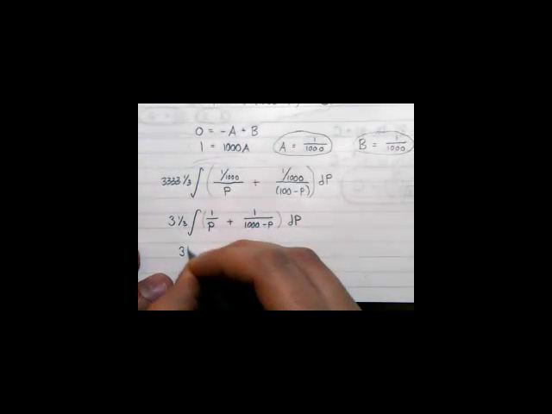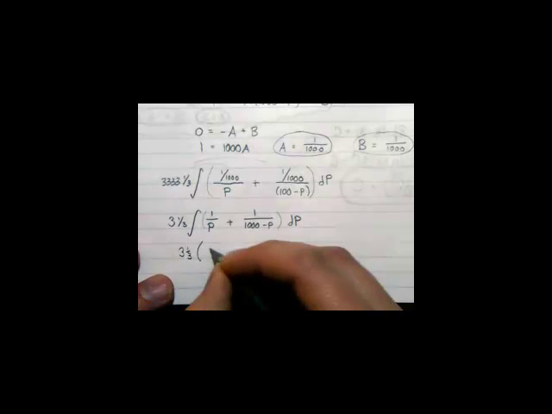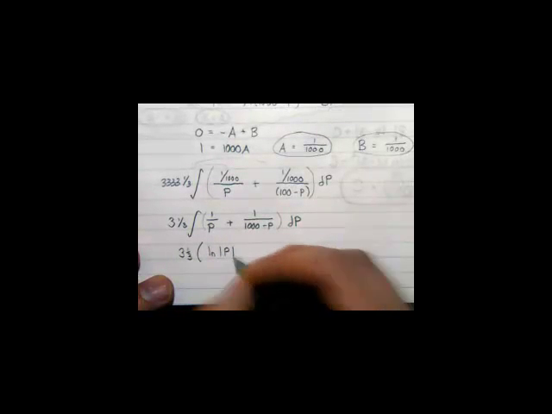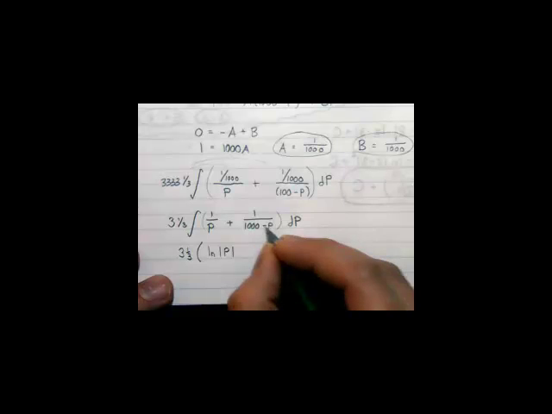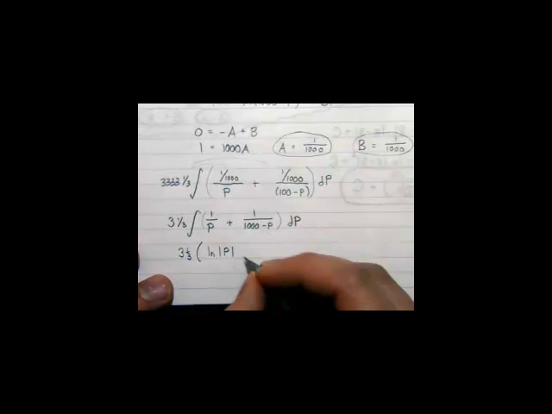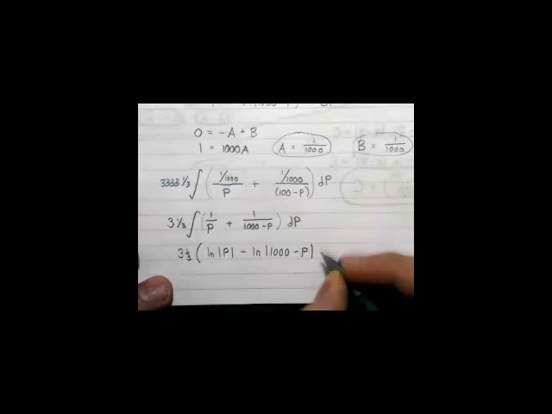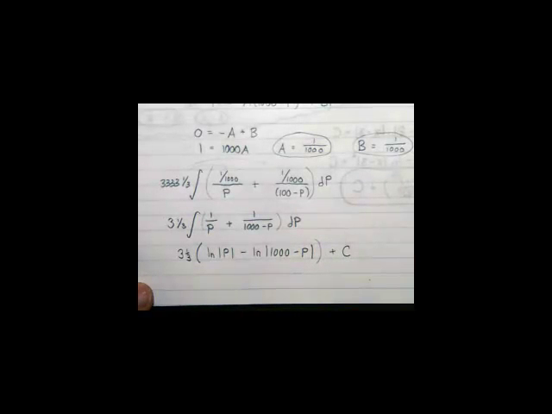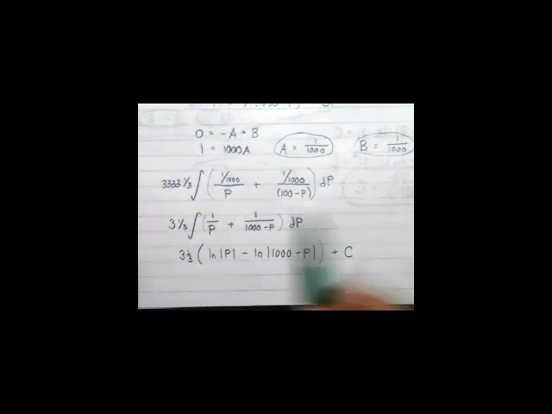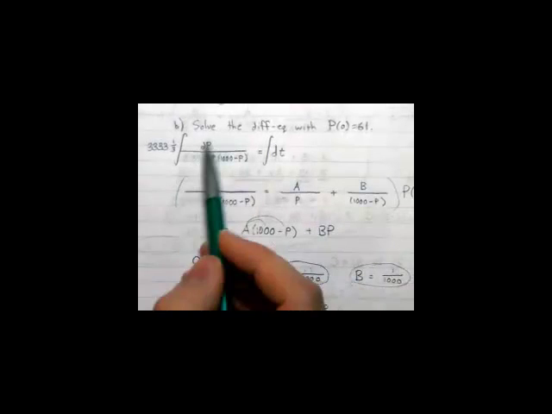So it's 3 and a third natural log of p. Okay, so I got minus p in here, right? So it's minus the natural log of 1,000 minus p, plus c. So that is, if we go all the way back to up here, this whole business here is this side.